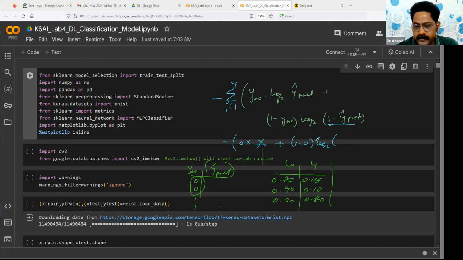log base 2 of 1 minus the predicted probability for label 0. What is the predicted probability for label 0? The balance. Because the formula is devised from the single-node perspective.